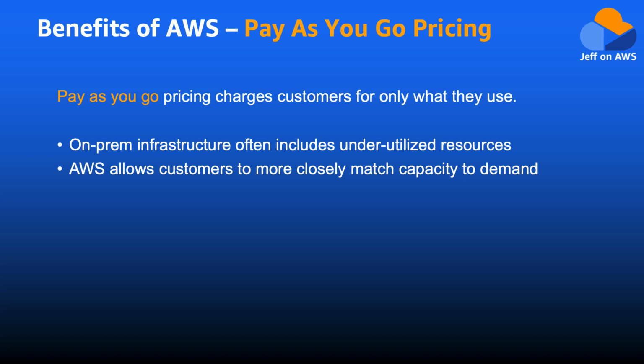So AWS allows customers to match whatever capacity you need to the demand that you're experiencing. And we talk about that in terms of auto-scaling as an example of that. So if you need more resources, you need more storage, you need more compute power, you pay more. And when you need less, you pay less. And that's a very attractive feature for companies when they move to the cloud.